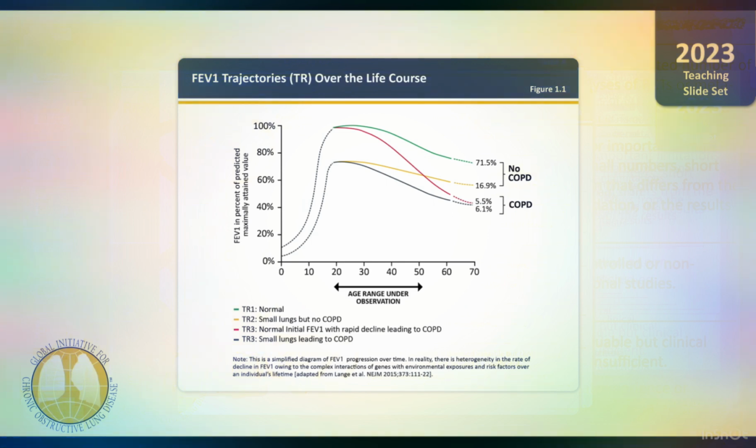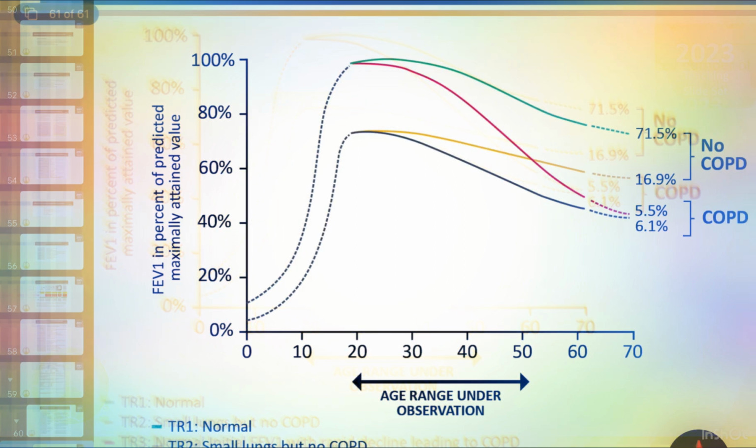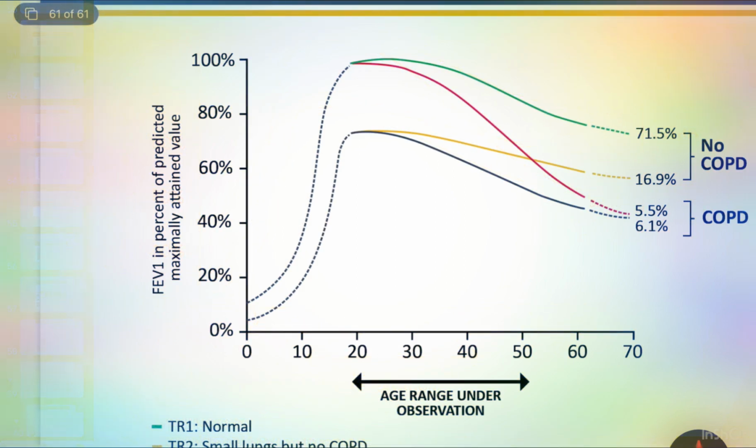Then they are talking about the FEV1 trajectories over the life course. There are four FEV1 trajectories we can see here: trajectory 1, 2, 3 and 4. Trajectory 1 is normal, the lungs are normal and there is no feature of COPD.